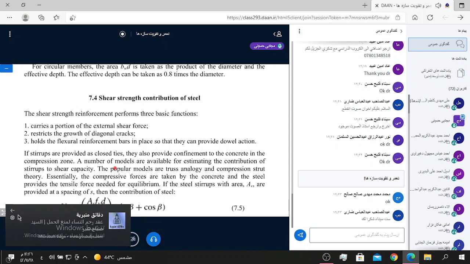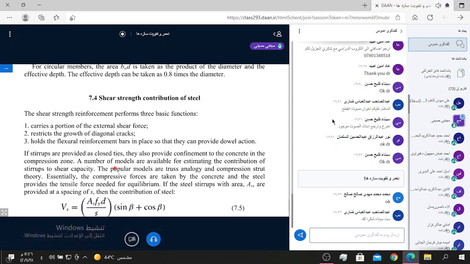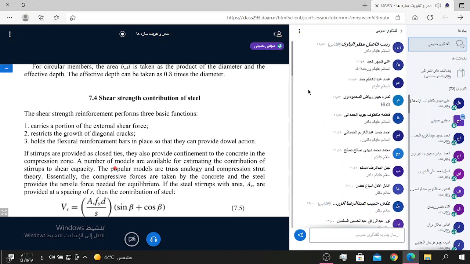Three, they hold the longitudinal reinforcement bars in place so that they can provide dowel action. If stirrups are provided as closed hoops, they also provide confinement to concrete in compression zones.